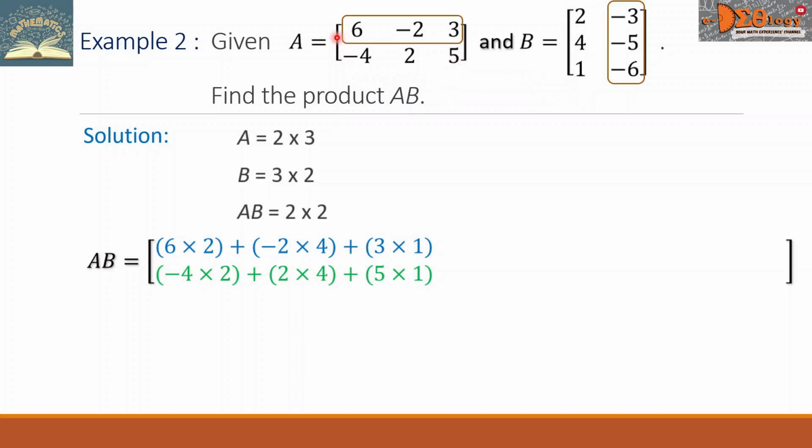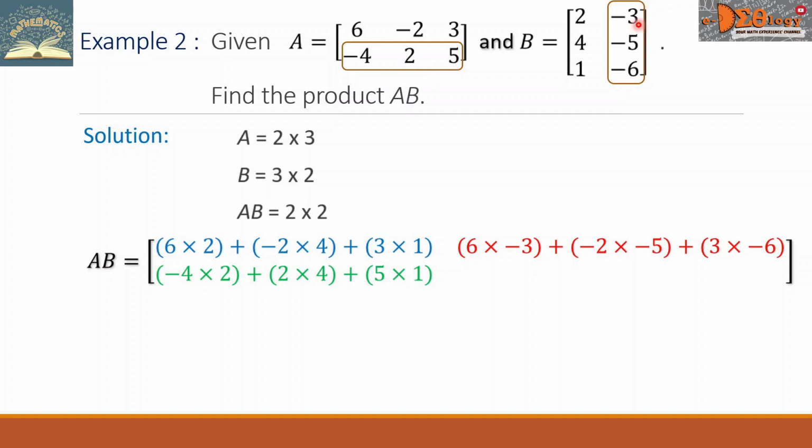Next element, first row, second column. So it becomes 6 times negative 3 plus negative 2 times negative 5 plus 3 times negative 6. Then, second row, second column. We have negative 4 times negative 3 plus 2 times negative 5 plus 5 times negative 6.